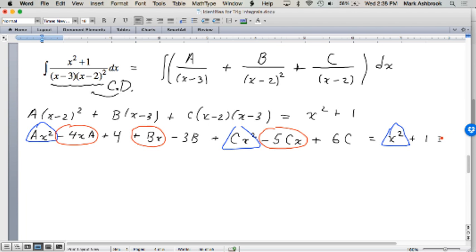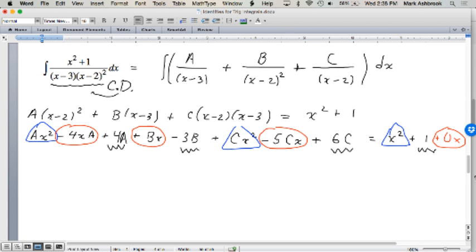What's my x over here? 0x. And then constants. Did I make a mistake? Okay, yes it is. Thank you. Thank you, good catch.